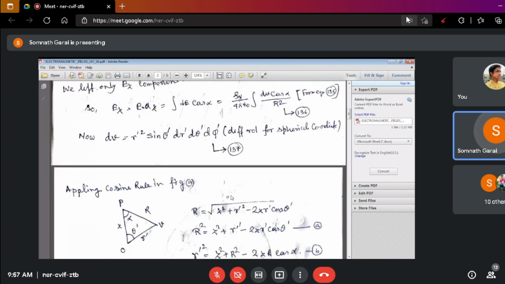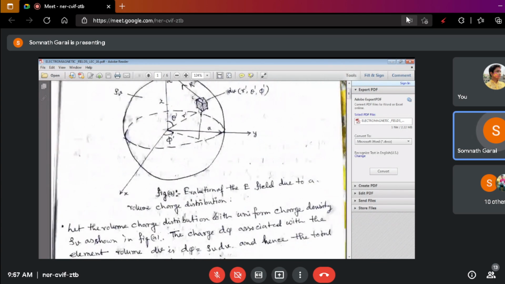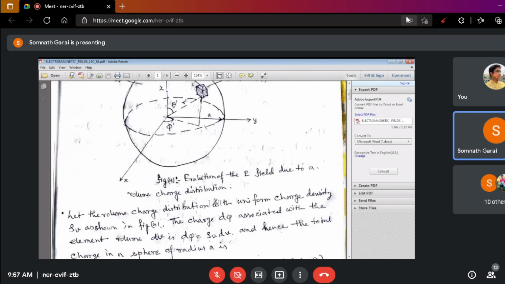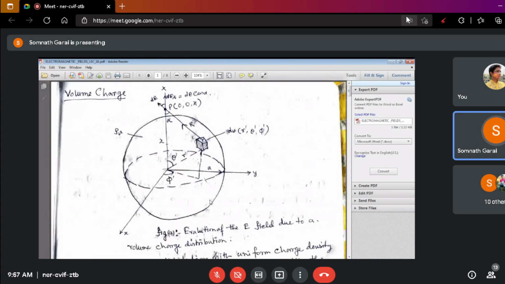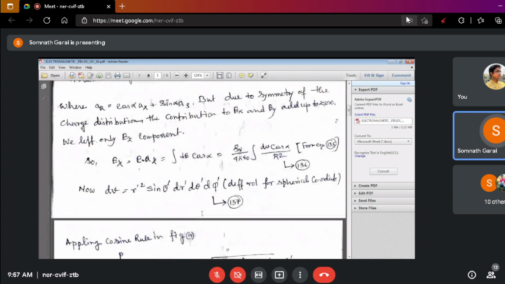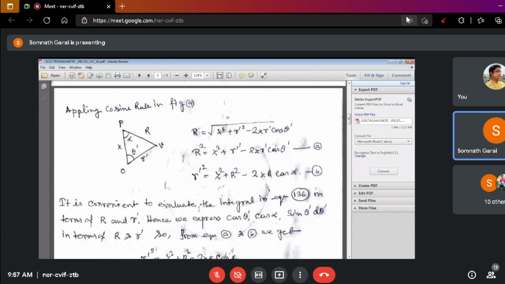Here we have to calculate the value of the vector r with respect to spherical coordinates. To express this r in spherical coordinates, we apply the cosine rule from geometry. Do you know the cosine rule?